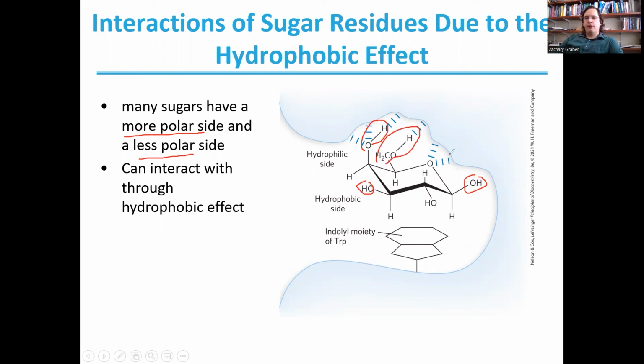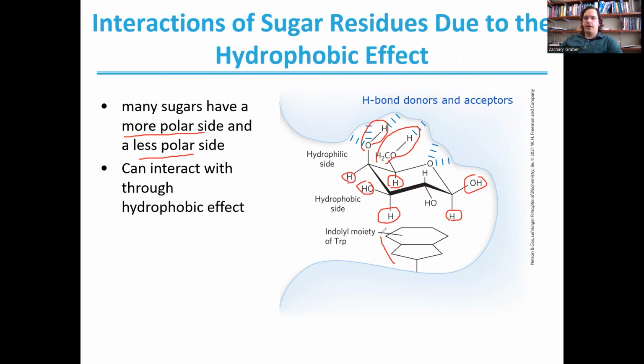These will all interact with hydrogen bond donors or acceptors on the top half of our binding site, while on the lower half of our sugar, we have mostly hydrogens pointing down to create a more hydrophobic face of our sugar.